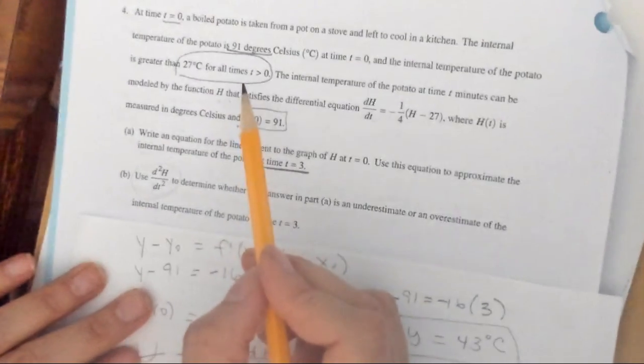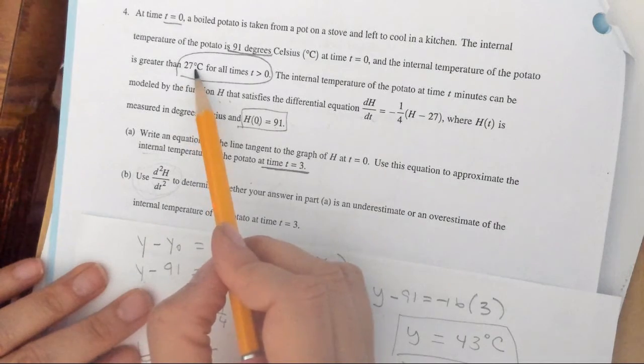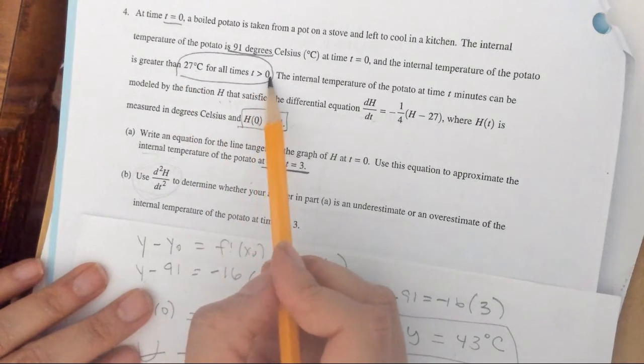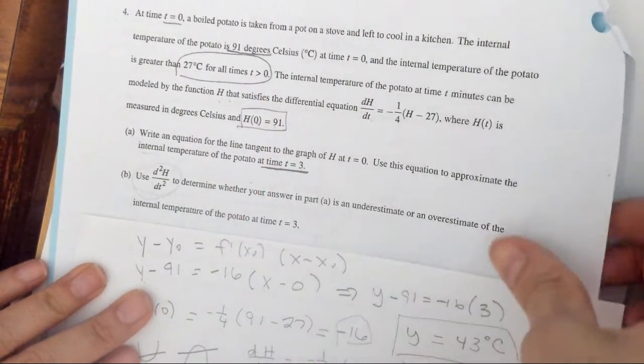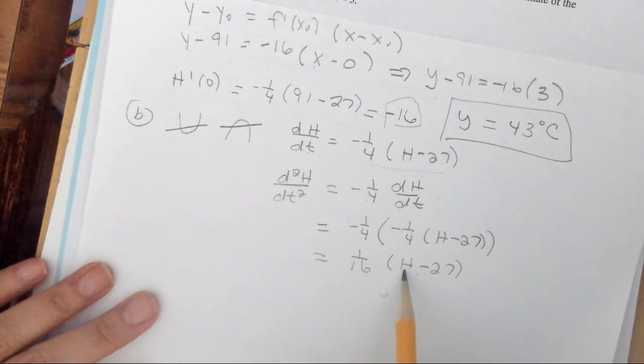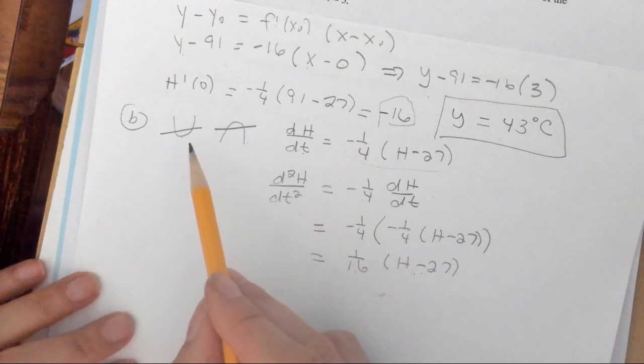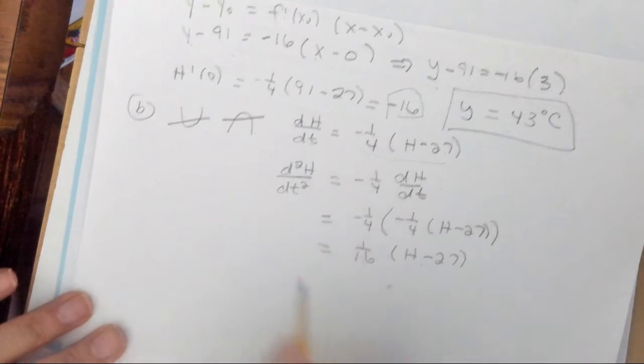Oh, I did circle something. Look what I circled here. We said the internal temperature of the potato is greater than 27 degrees for all time greater than 0. So that means this will always be greater than 27, and so this will be positive. And therefore I'm concave up.